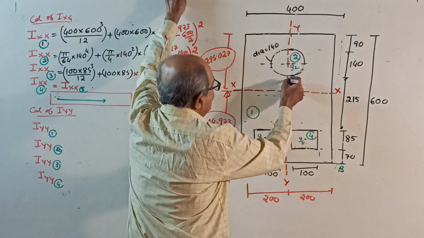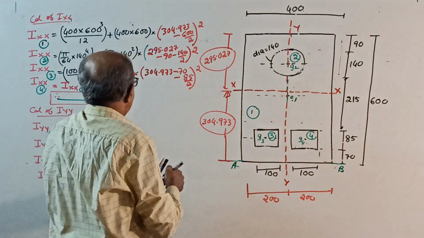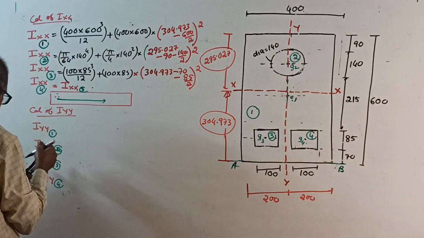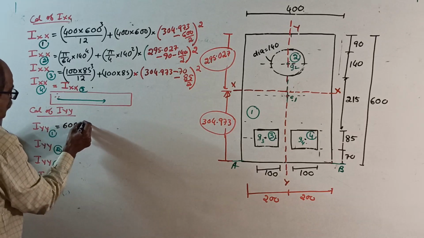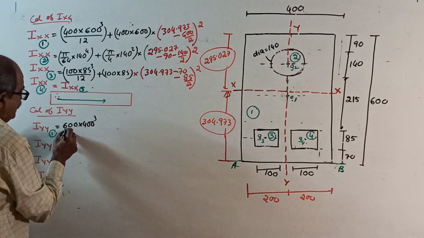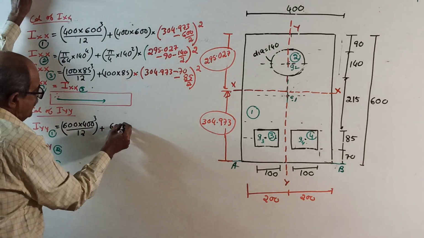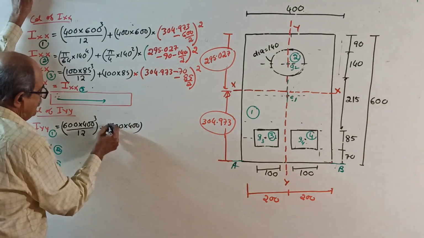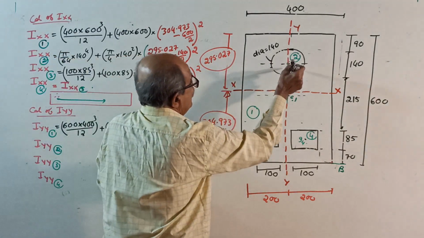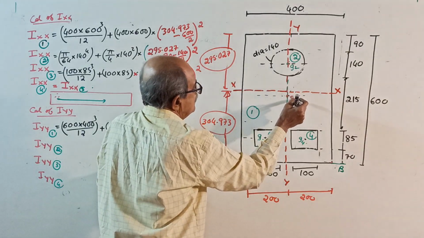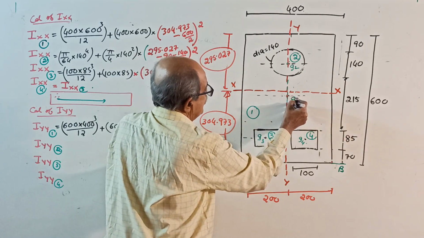First, I about its own centroidal axis: 600 into 400 cube divided by 12, plus area. 600 into 400 is the area, into the centroid G1.